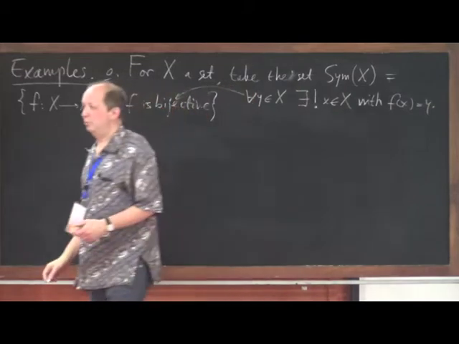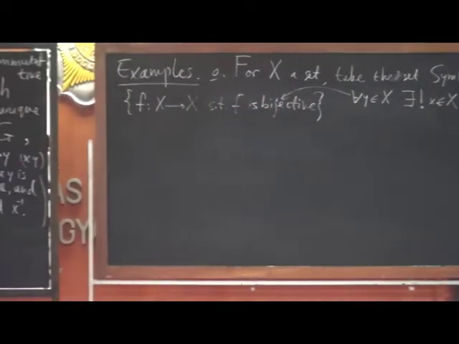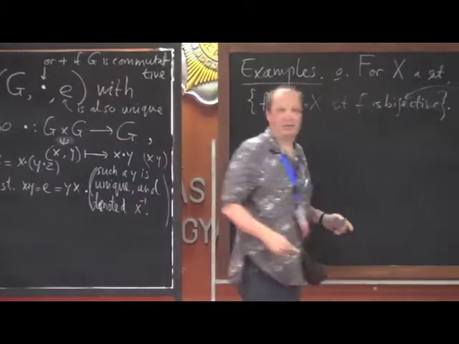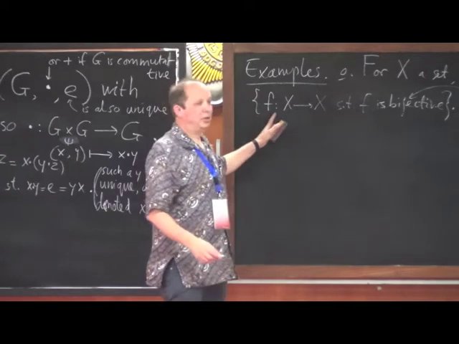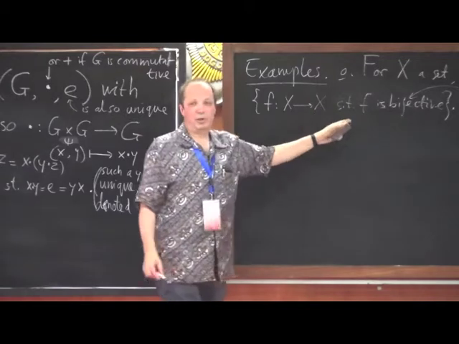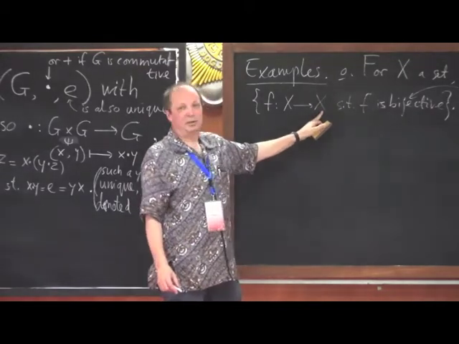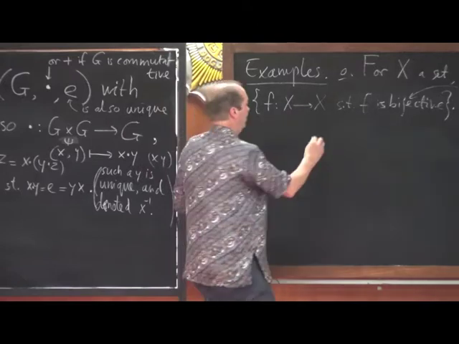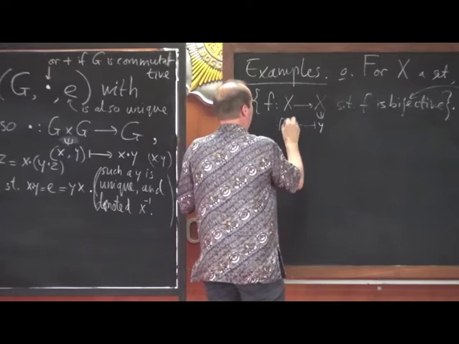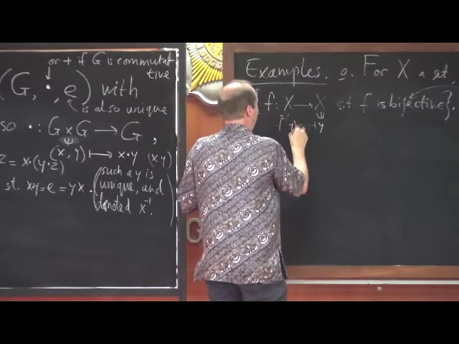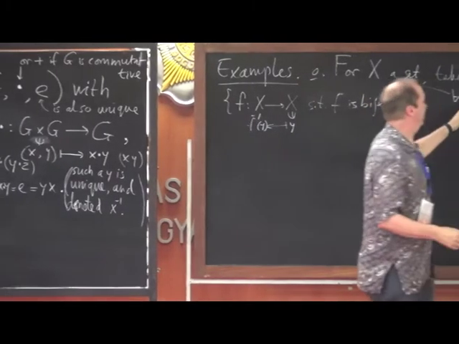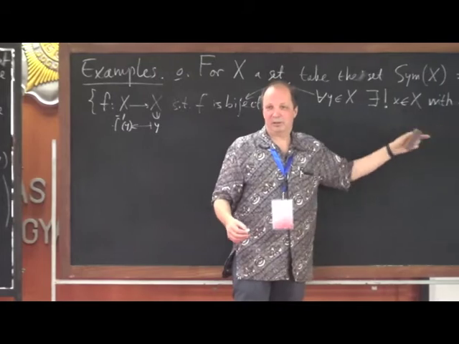So these maps we want to use, and you see in this definition the inverse map already, because if you have such a map that is bijective, then for every y in here, I get f inverse of y here, because of this property that for every y in X there is a unique one in the pre-image.